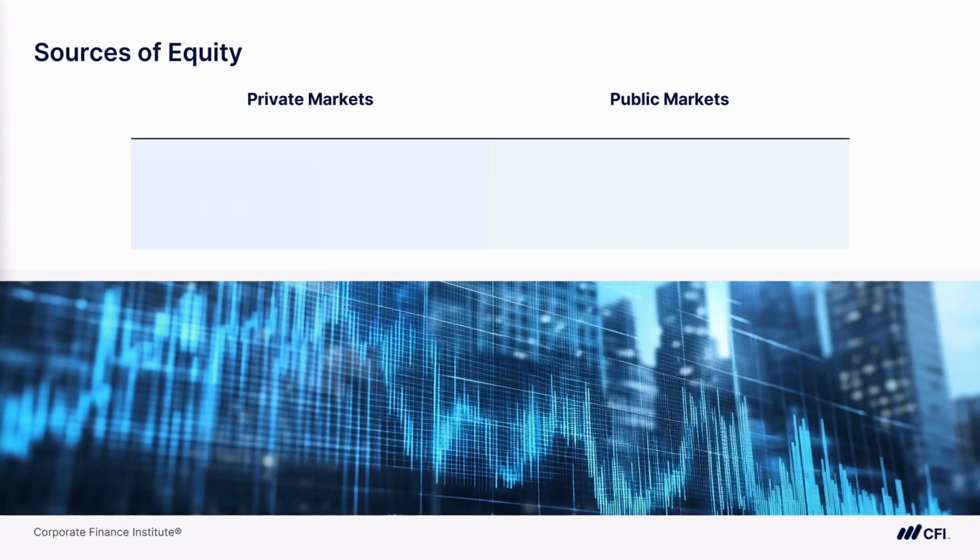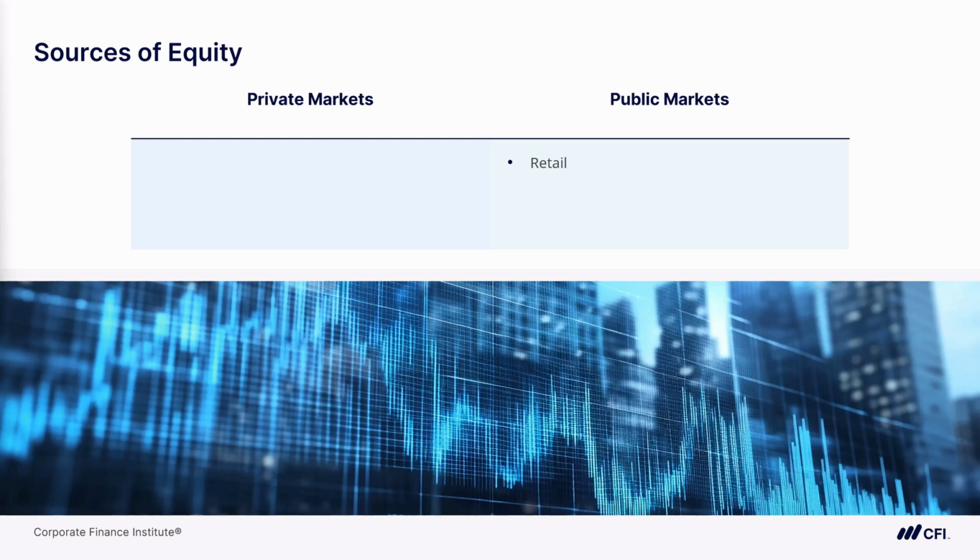Now here we want to discuss the various sources of equity, and we can divide these sources into private markets and public markets. Starting with public markets, we could have equity investments from retail investors, or individuals wanting to go and purchase shares in a company.